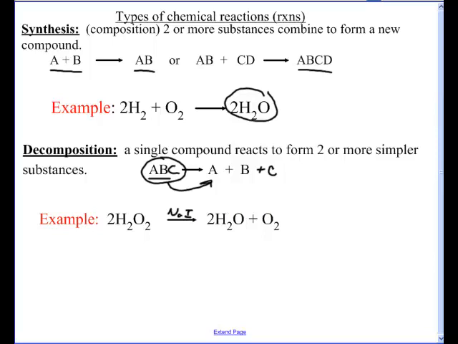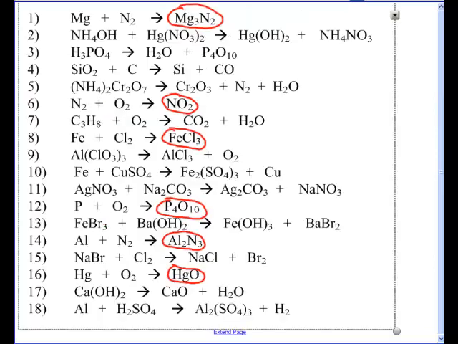So let's go back to our worksheet and see if we can find some decomposition reactions. I'll do the first one for you. Look at that one. Now pause the video quickly and try to circle the other ones that are decomposition reactions. Okay, let's see how you did. Let's go to 5.